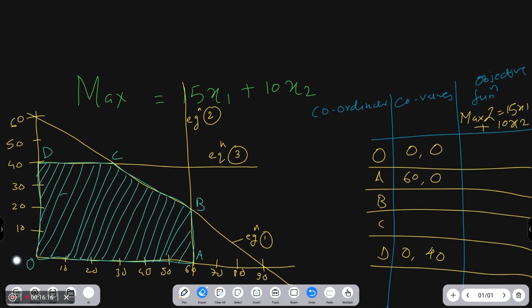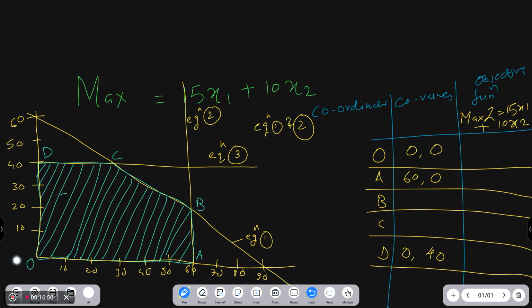To get the coordinates of B, you have to solve equations number 1 and 2 simultaneously. Why? Because B is the intersection point of equation number 1 and 2.